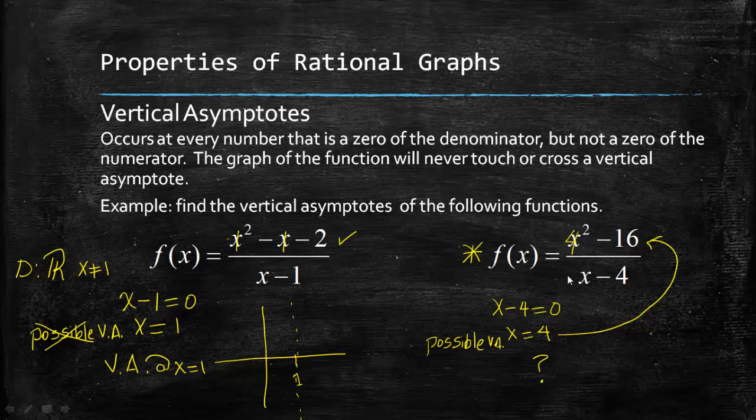So it's convenient to have it factored out. You can leave this function as is for the first couple of steps, for finding your domain, for finding the x-intercepts, the y-intercepts, the vertical asymptotes, etc. But when you're determining if it's a hole or vertical asymptote, you're going to need to factor it so that you can see the multiplicity of the zeros. You can do that right at the beginning if you want to, or wait till you get to the step of finding vertical asymptotes so that you could see the multiplicities.